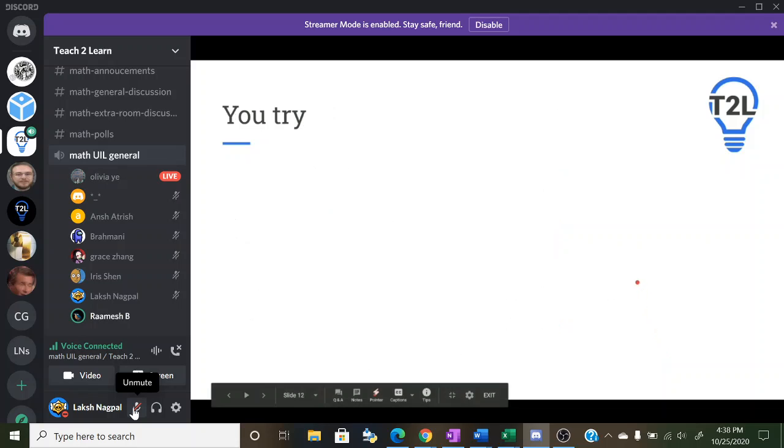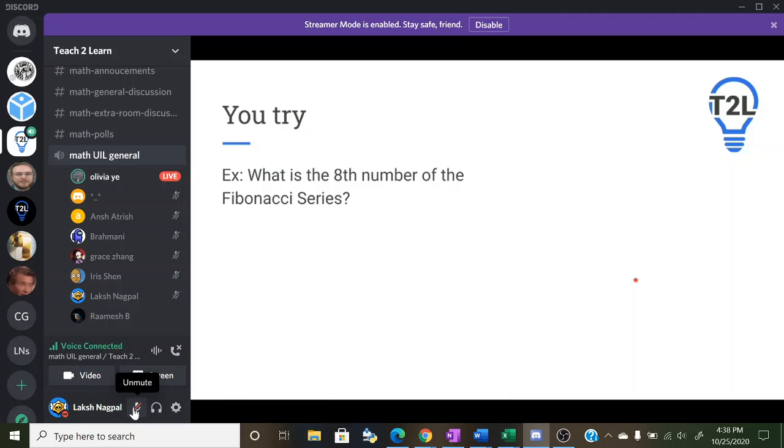So the stream came back. Okay, while his thing loads, you guys can go ahead and try this one. Find the 8th number of the Fibonacci series.